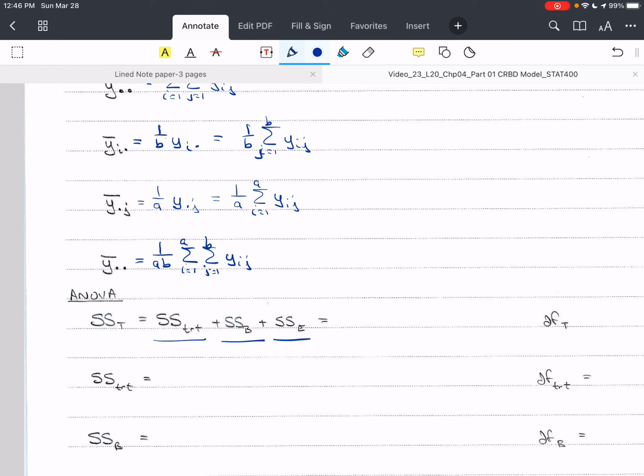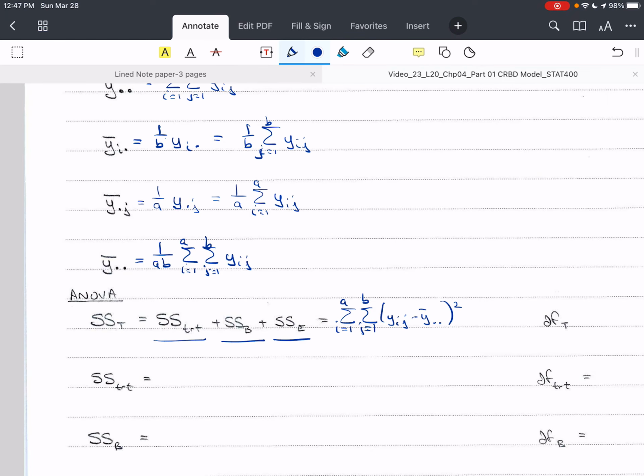And so SST can be written as the double sum of yij minus y dot dot bar squared, where i goes from 1 to a, j goes from 1 to b.